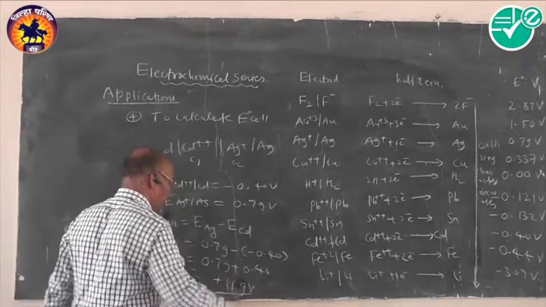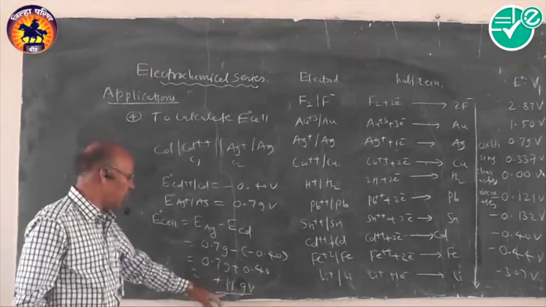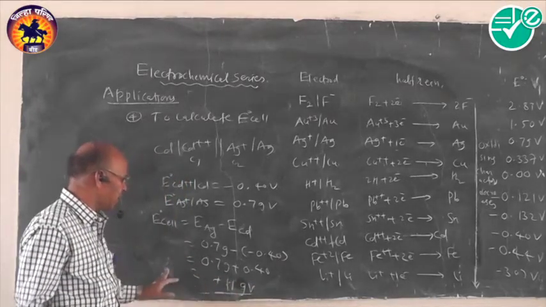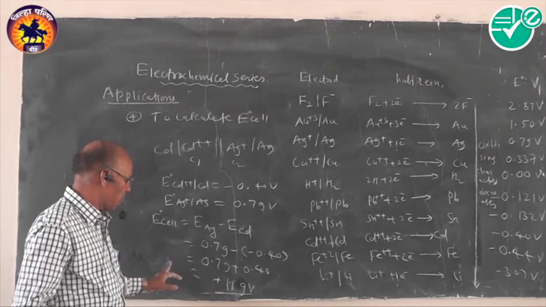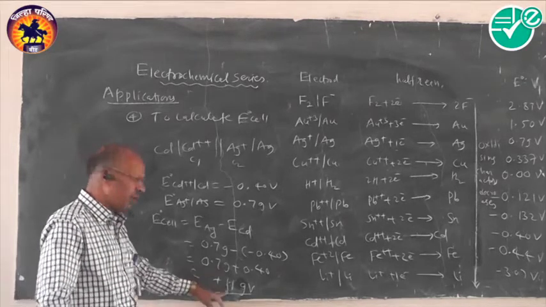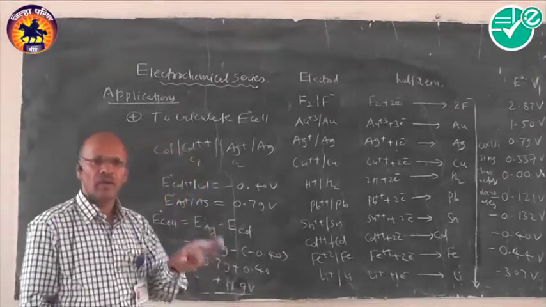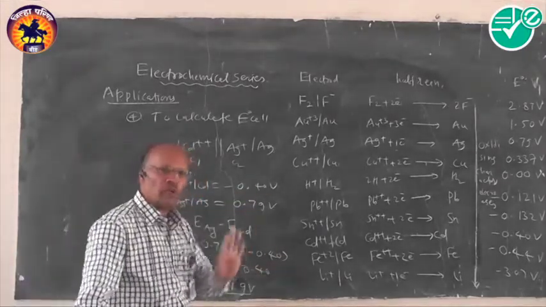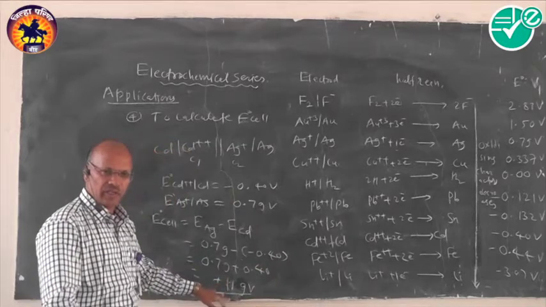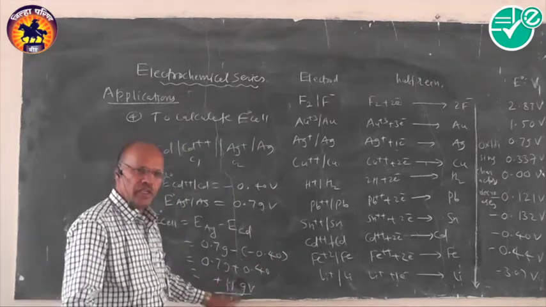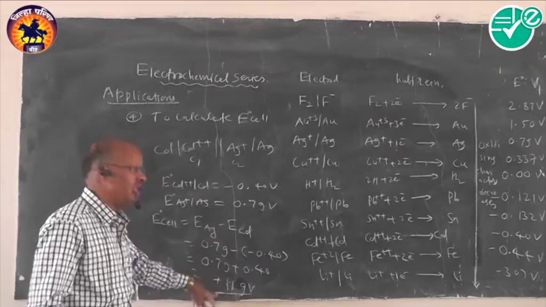Your potential is 1.19 volt. Now in this particular case, if you think about this potential, what about the spontaneity of the reaction? In this case, the given reaction is always spontaneous, because E cell is positive.